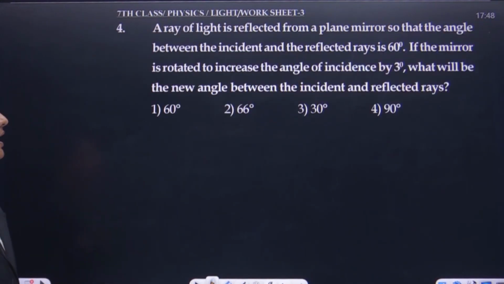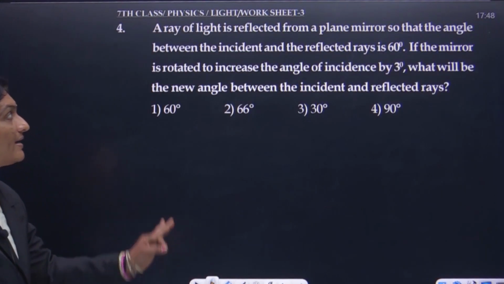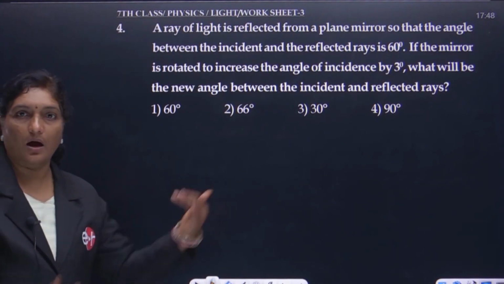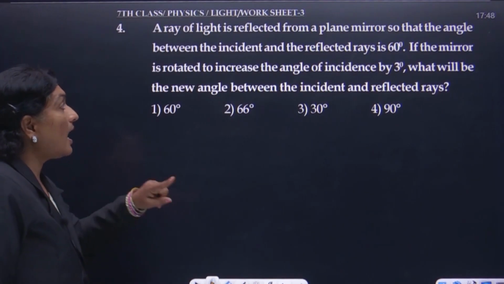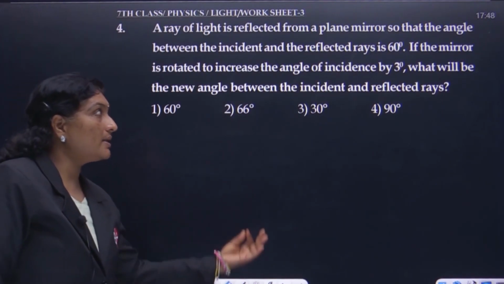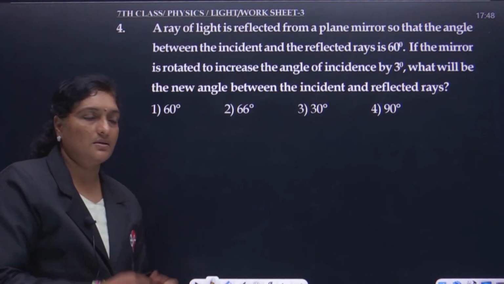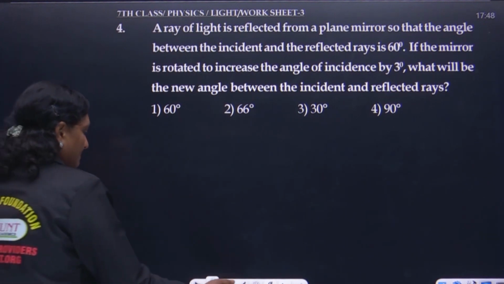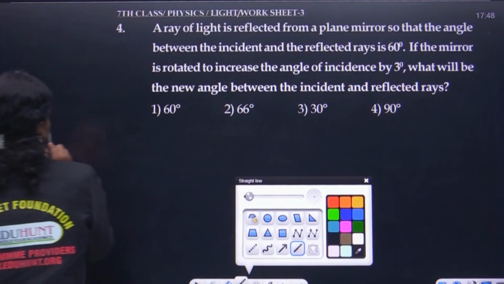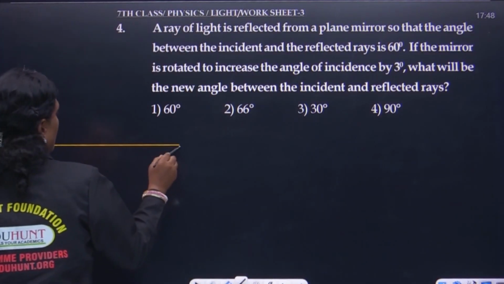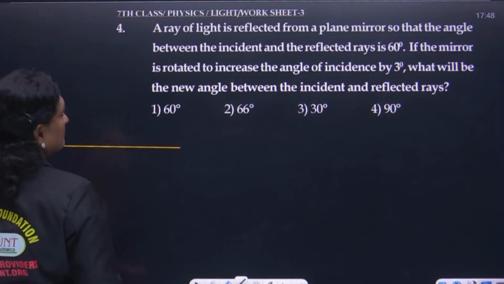Here we go. A ray of light is reflected from a plane mirror so that the angle between the incident and the reflected ray is 60 degrees. Let us visualize the same. So what is given? A mirror is given.